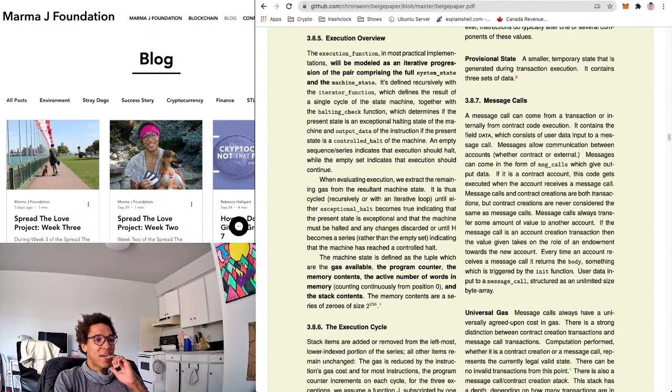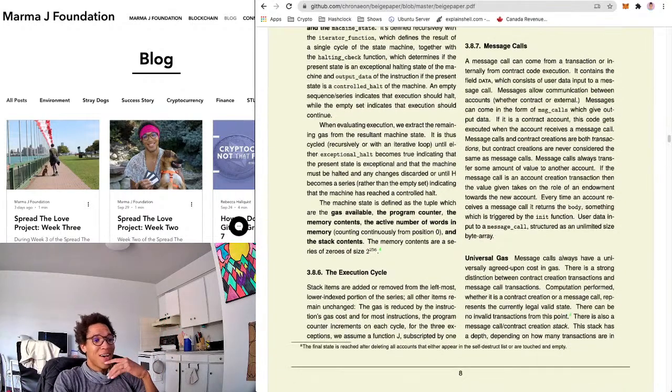The machine state is defined as the tuple, which are the gas available, the program counter, the memory contents, the active number of words in memory, counting continuously for the machine, and the stack contents. The memory contents are a series of zeros of size 2 to the power of 2, a big number, man. Execution cycle. Stack items are added or removed from the leftmost lower index position of the series. All other items remain unchanged.